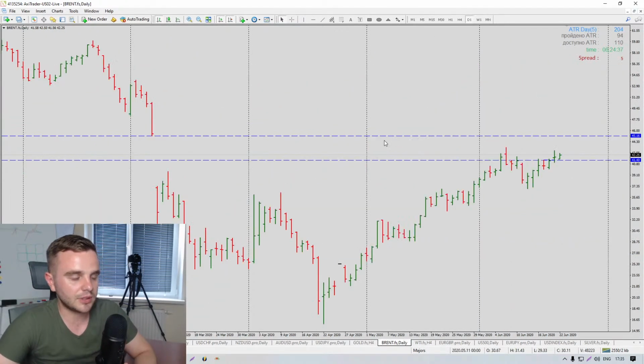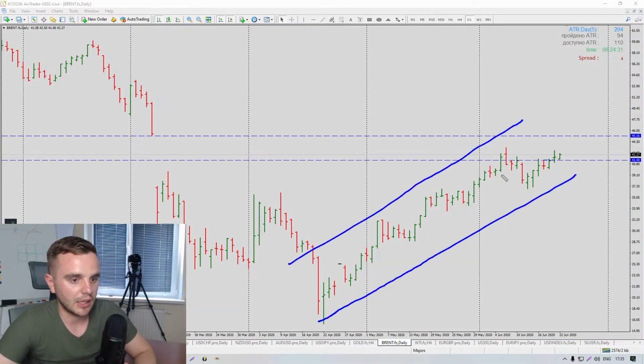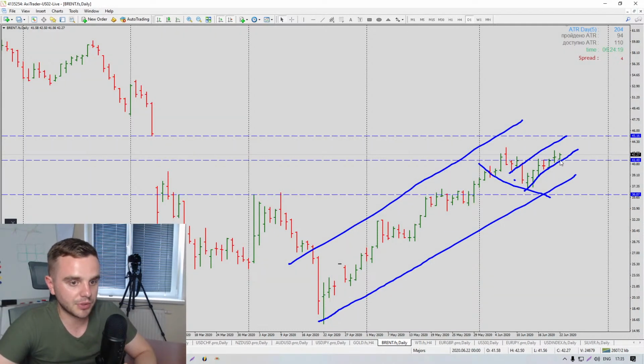Oil. What about oil? As you can see here, the price is still in this upward trend. And as you can see, after all pullbacks, price still continues the uptrend. And we have this local trend up. As you can see, we have this local channel up. That's why I believe with huge possibility, price will continue the uptrend and will at least close this gap.